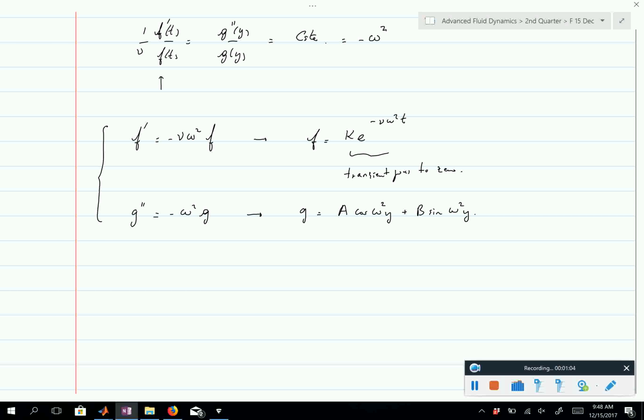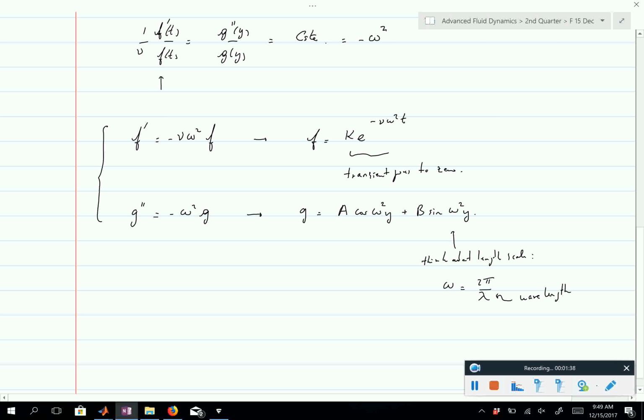So instead of writing everything as a function of omega, y is a length scale, so you want to think about a length scale. The typical length scale, which is at this point undetermined, will be the wavelength, where lambda is the wavelength.